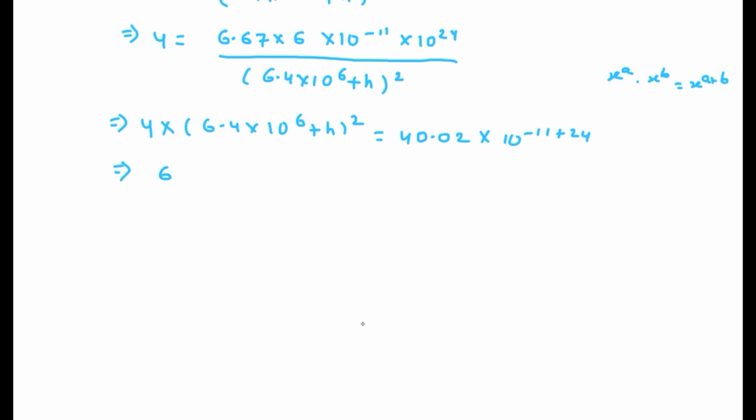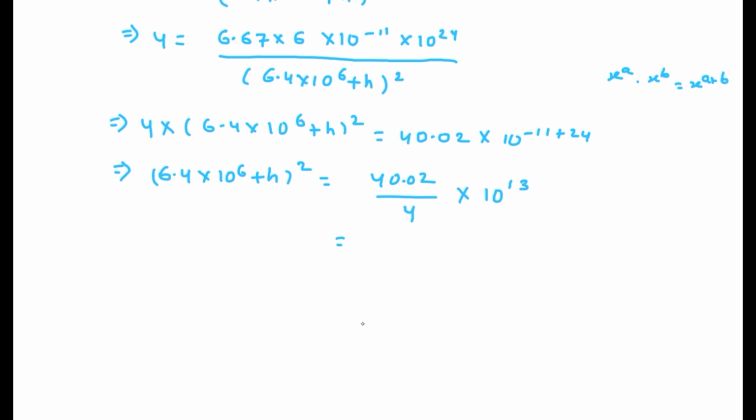Now write (6.4 into 10 to the power 6 plus h) whole square equal to 40.02 divided by 4, into 10 to the power 13.